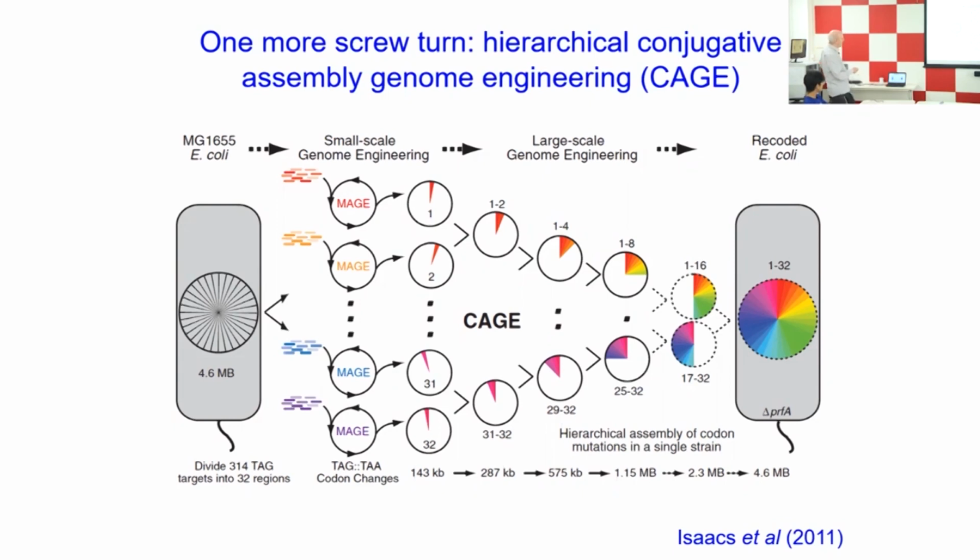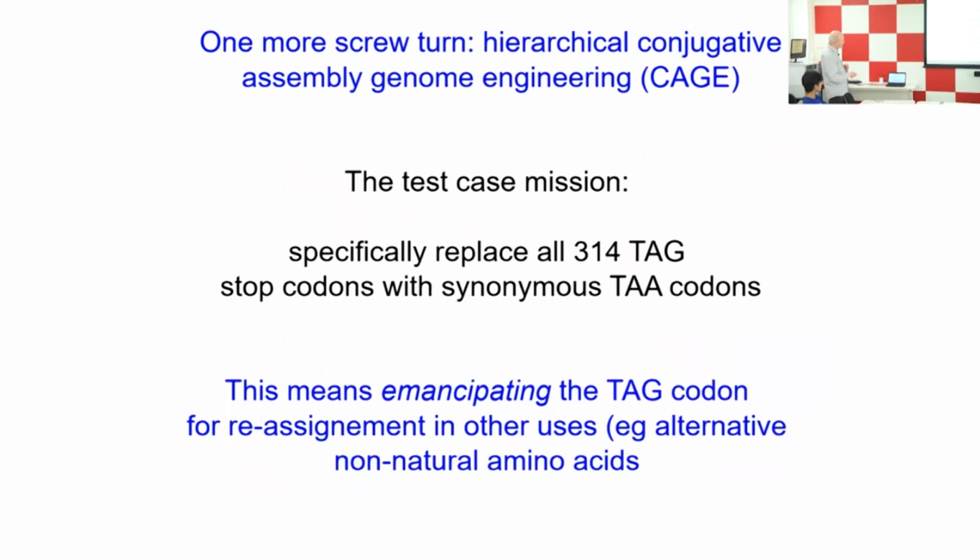In this case, the mutation will not give you a color or a clear phenotype. The mutations are about eliminating one of the codons that you have in the genome of E. coli. As this system has a very high efficacy for production of substitutions with the mutagenic oligos, and you can cycle the system as much as you want, at the end you can really get mutations all over the place.